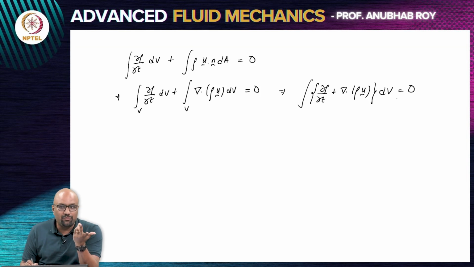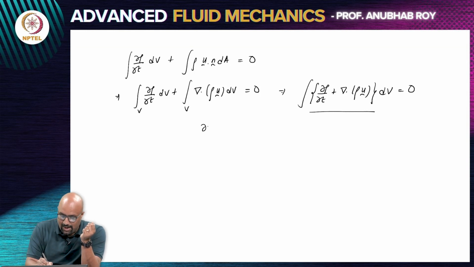Now, this should be true for any choice of control volume, right. I have not said what kind of a control volume I have, what kind of a region in space I have chosen. Any choice should give me the same result, which means the integrand should be equal to 0.